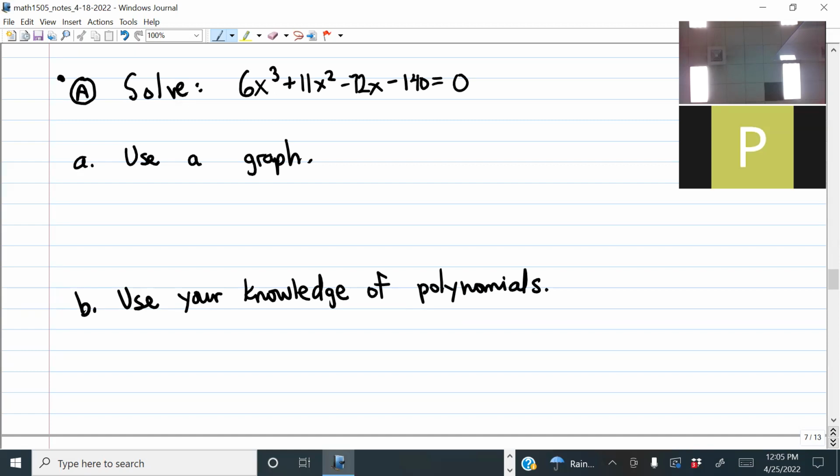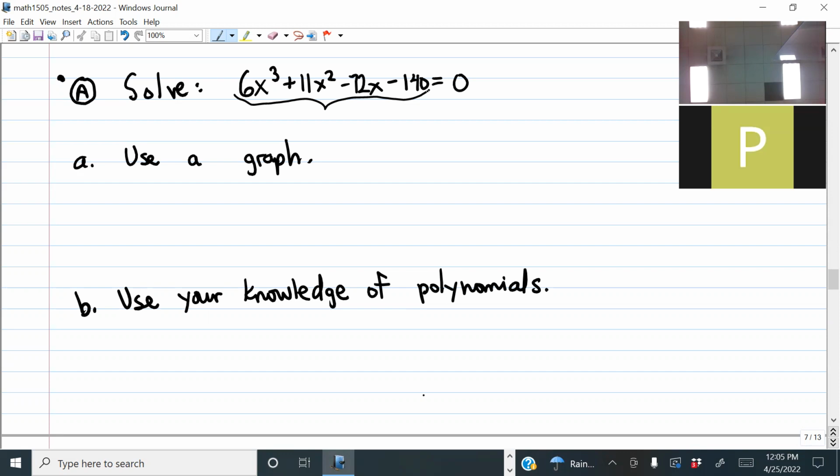Let's see if we can solve this equation. So notice this is not saying find the zeros of a polynomial, but this really is finding the zeros of a polynomial, right? Because if you look at the formula on the left-hand side by itself, what kind of formula is that?